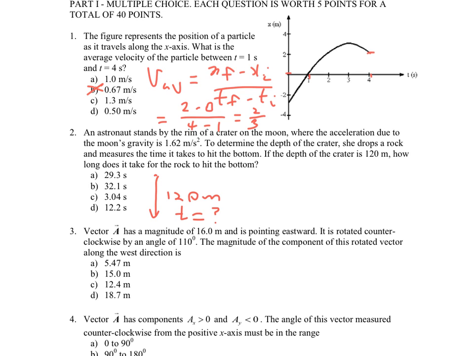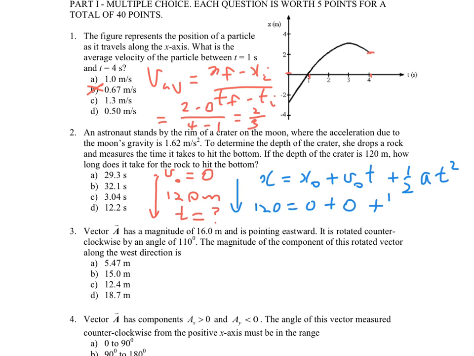And when you drop, it means that your initial velocity is 0. If you call the downwards direction positive, then the equation of motion that you would use is x equal to x naught plus v naught t plus 1/2 a t squared. x would be 120 since you call downwards positive, x naught is 0, initial velocity is 0, and a is positive 1.62, so 120 equals 1/2 times 1.62 t squared.